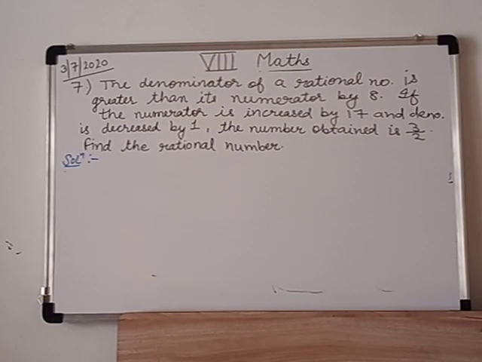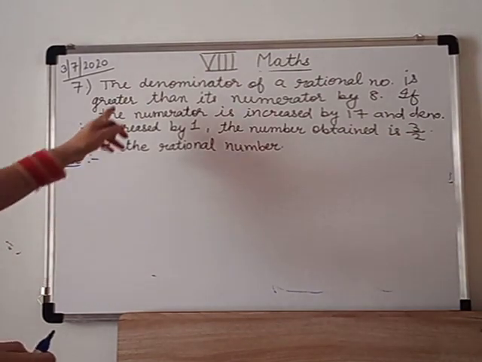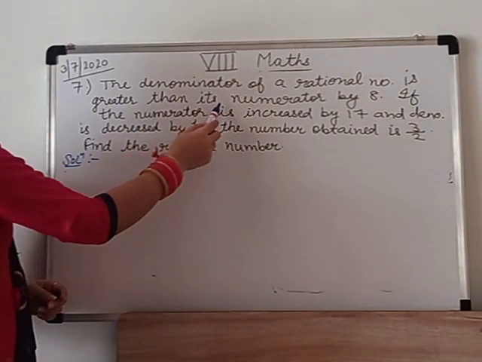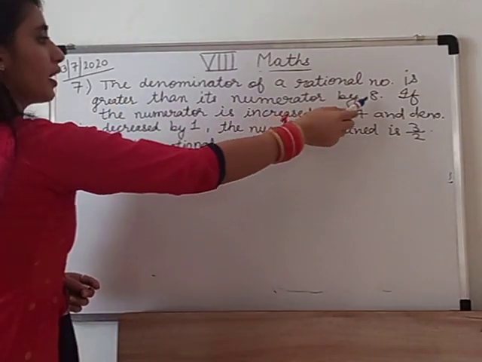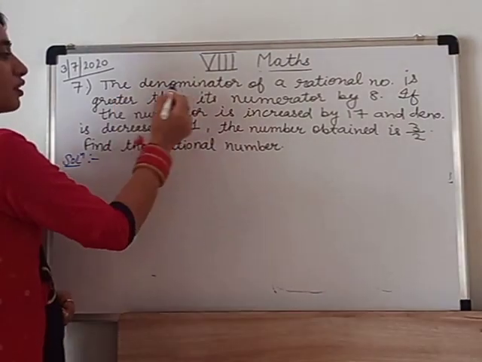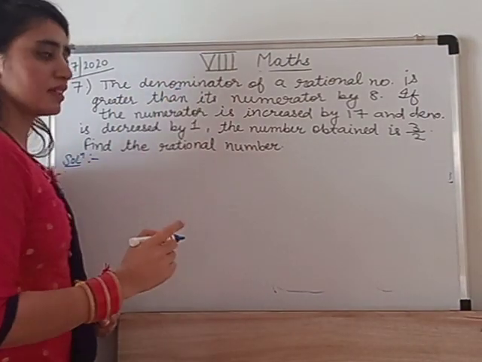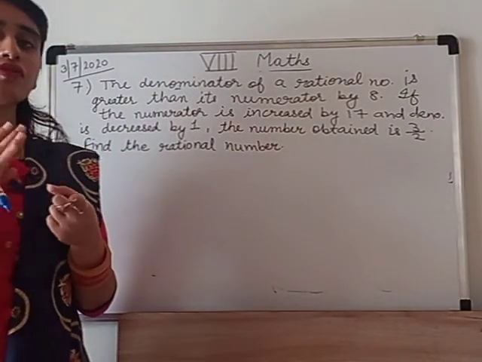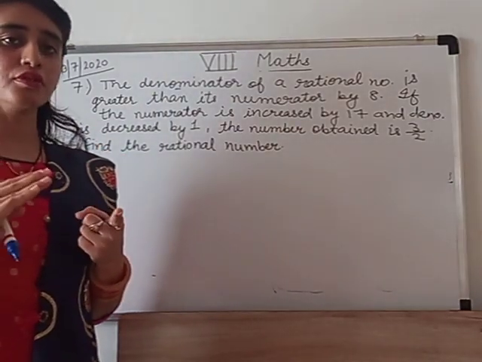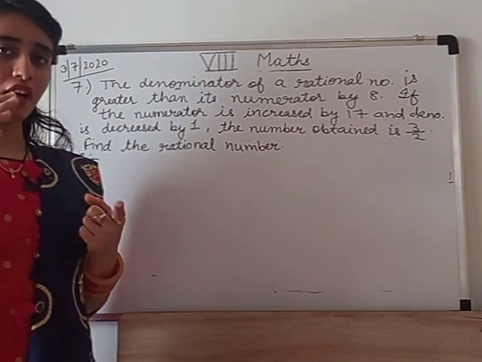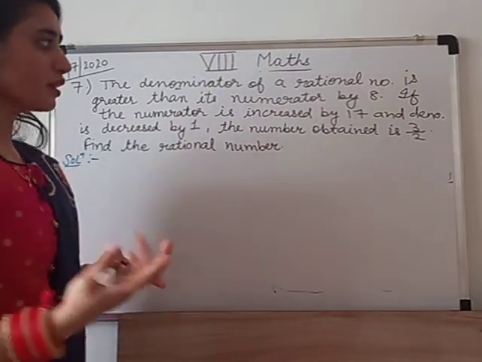Next is question number 7. In this question, the denominator of a rational number is greater than its numerator by 8. A rational number is in the form of P upon Q, in which the numerator as well as the denominator are present.